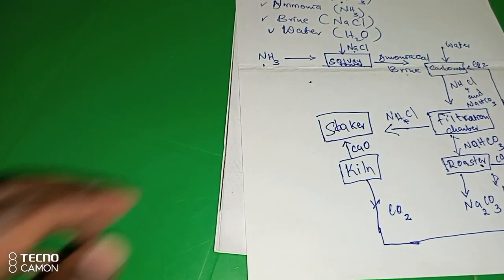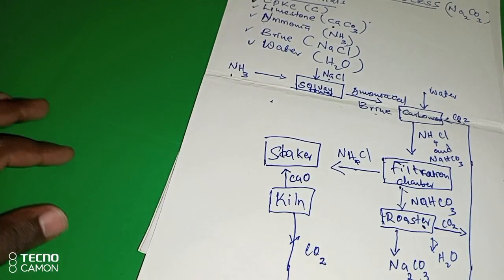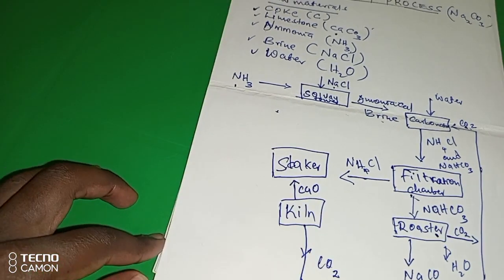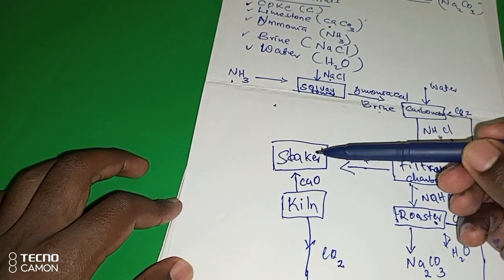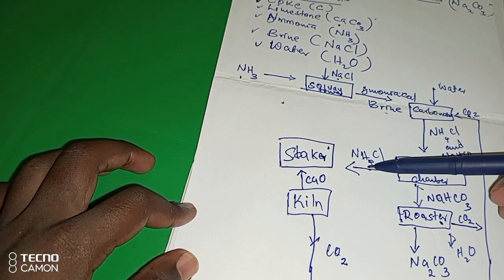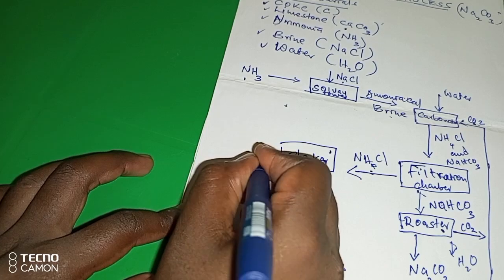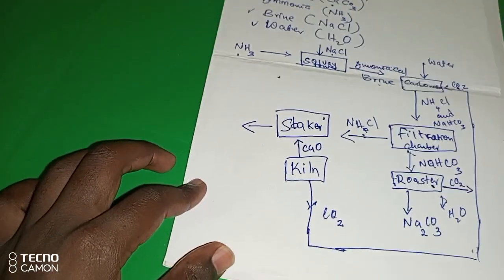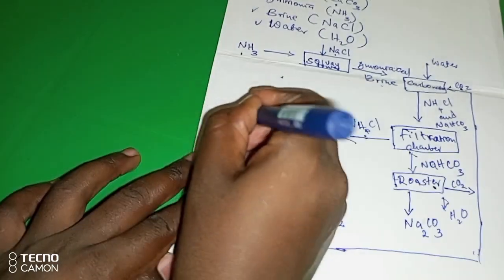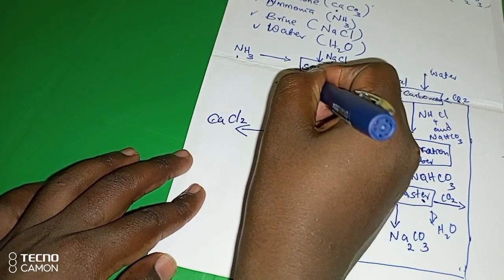where we combine it with water to form calcium hydroxide. Then calcium hydroxide in this chamber reacts with ammonium chloride to form calcium chloride, which is given out as the byproduct. And ammonia is recycled.